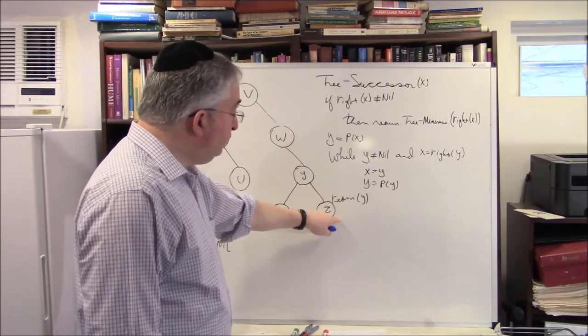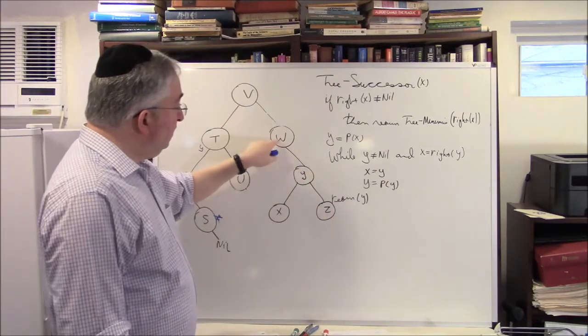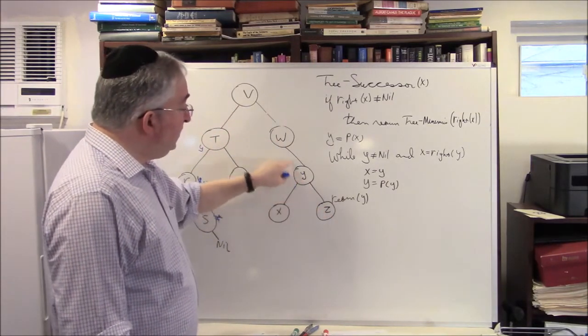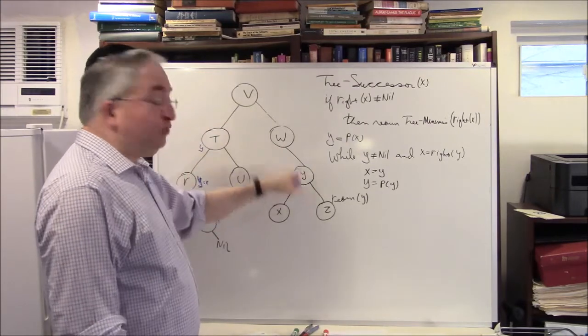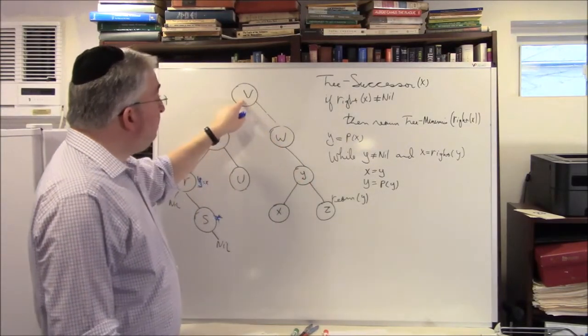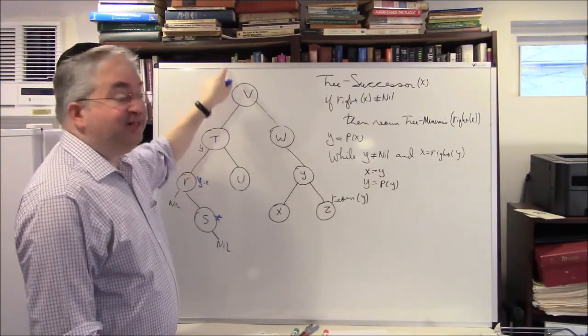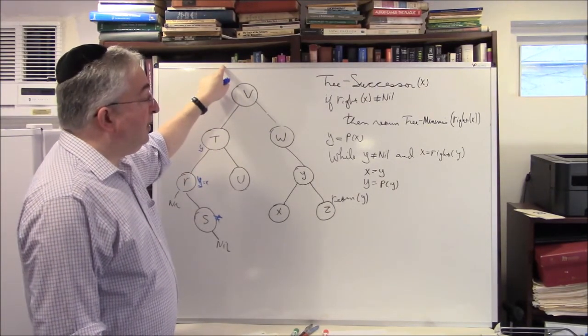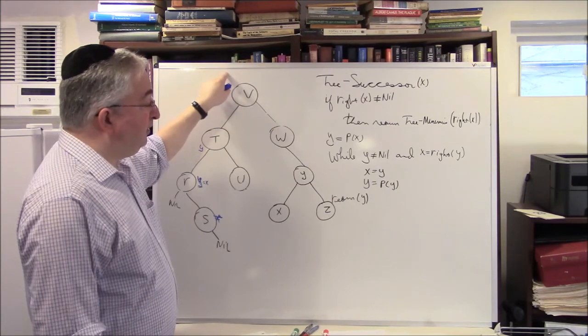Okay, so what you have to do is climb the tree. All of the climbing is always to the left, which means those nodes are less, so we're not interested in that. Not interested in that. The parent of V is nil. So what do you do then?